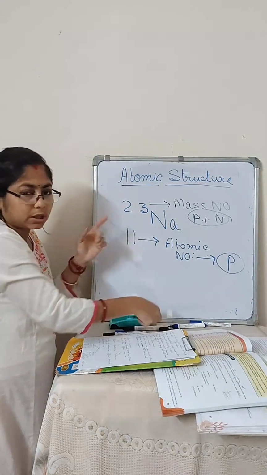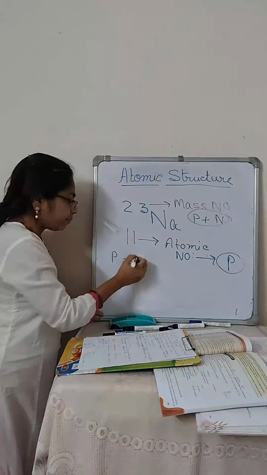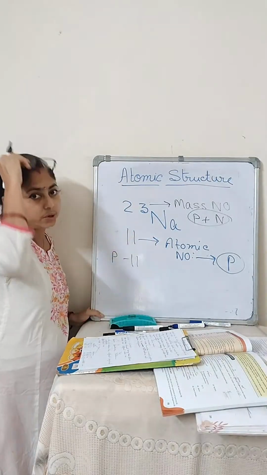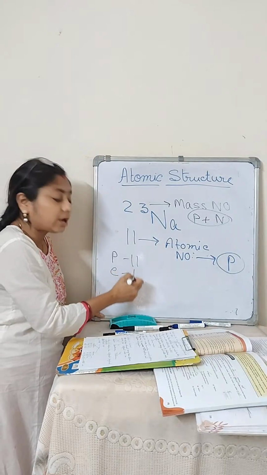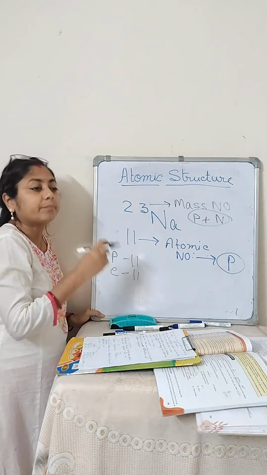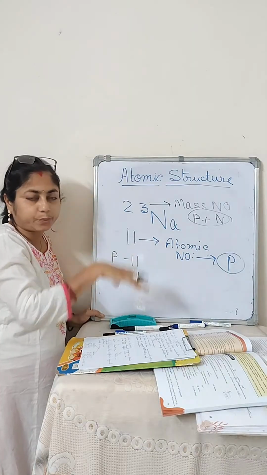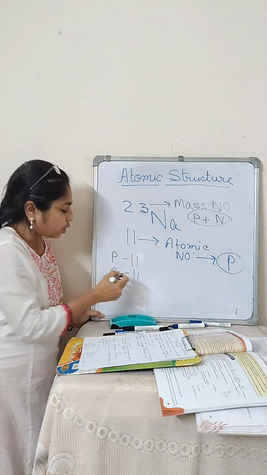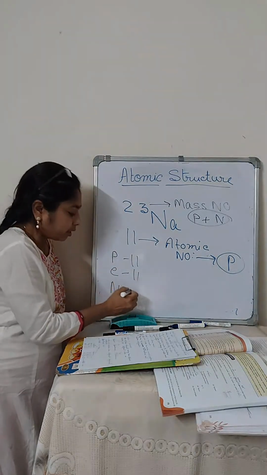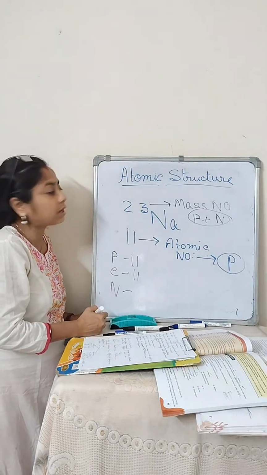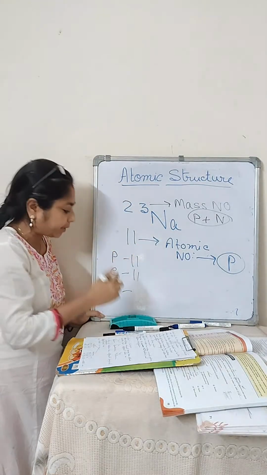Now I tell how can I get the proton, electron and neutron numbers. Please focus on the board. Proton is 11 because atomic number means proton number. Electron must be 11 because in the atoms the number of protons and electrons are same. Neutron, how can I find out the neutron? Mass number minus atomic number.